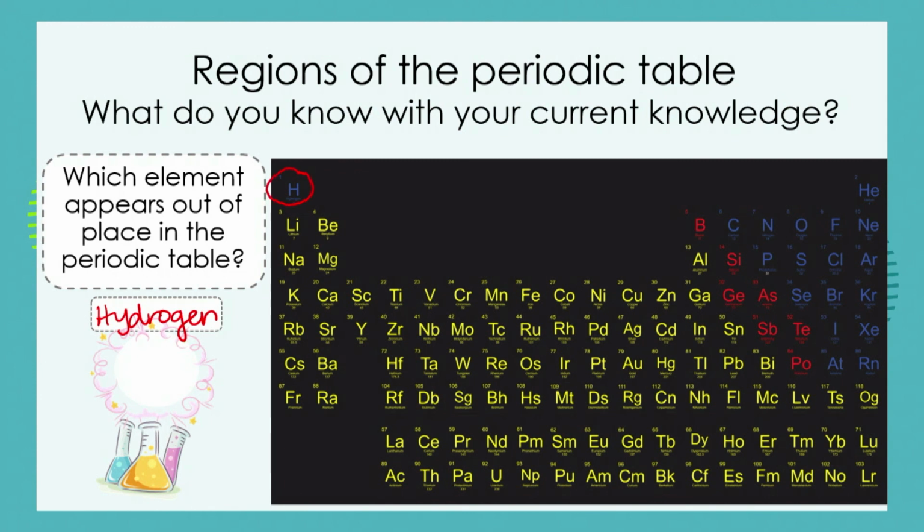We know that it's a gas, so it's a non-metal, but it's placed in terms of its reactivity over the group of alkaline metals, even though it isn't a metal. So we've got one element that seems to be put out of place. Don't forget that one of our non-metals is placed above the group of metals.